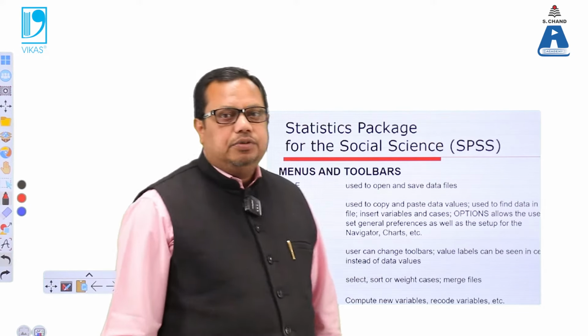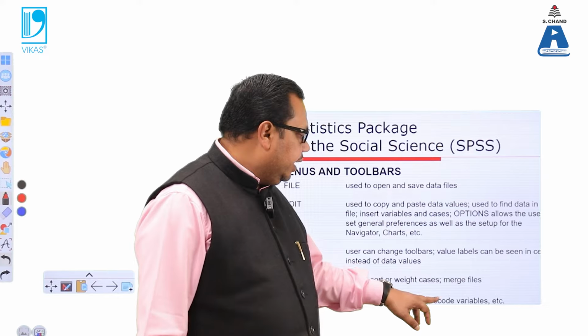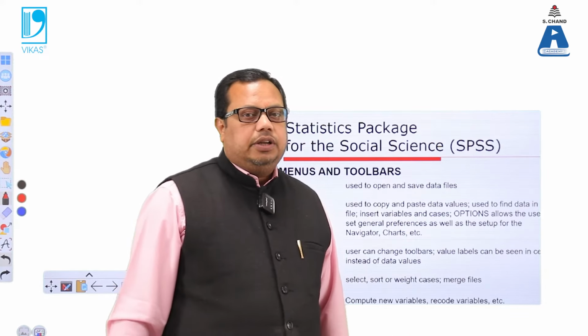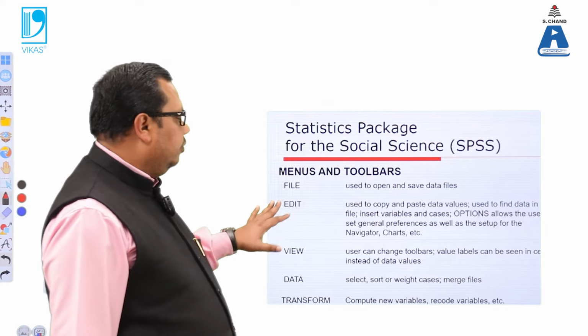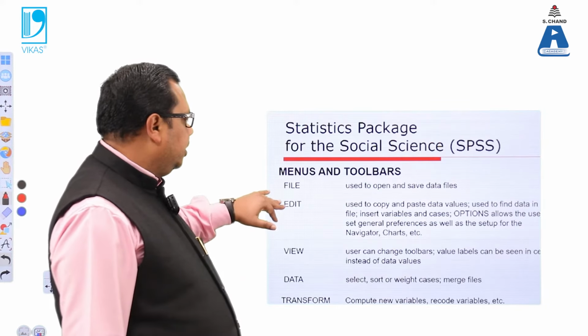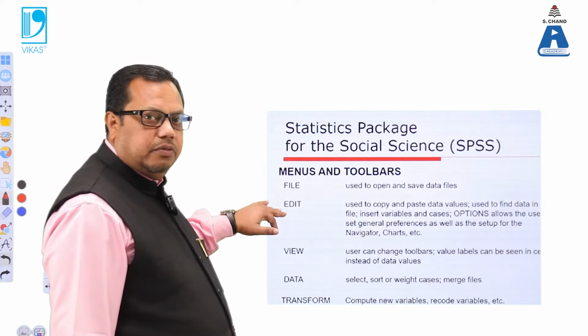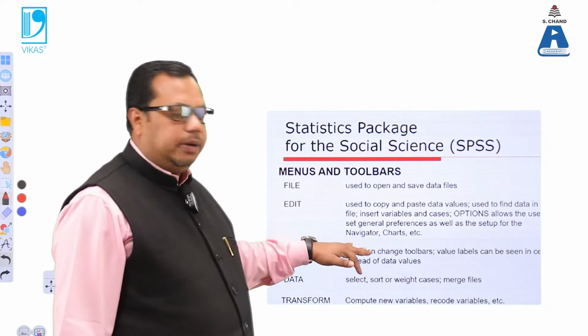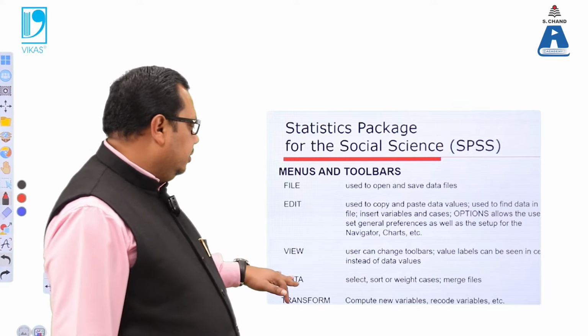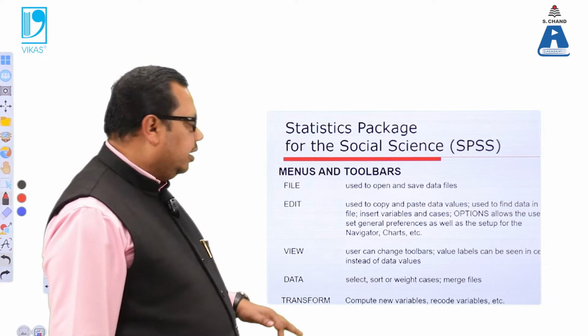Transform: here we are using new variables, we are recoding the variables, etc. with the particular files. So what can we do with these operations? If we want to select particular data, from the File option or the Edit option we can select the data and make changes. We can view the data, then again select the data.